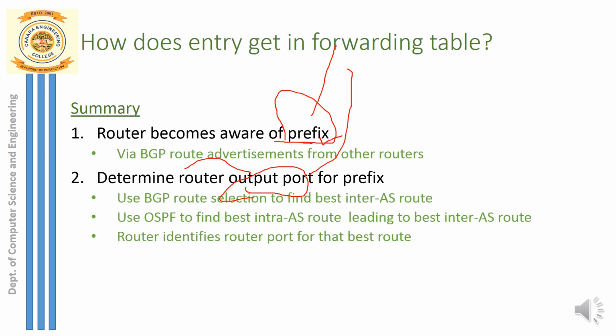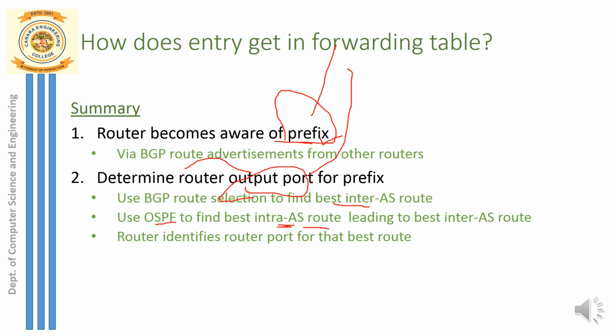So BGP route selection is done to find the best inter-AS route. That is, a border router can choose the closest next hop in order to reach the destination. Once the forwarding table is ready, it can redirect the packet to the other AS by choosing the best, shortest path. OSPF is a protocol used to choose the best path inside the autonomous system.